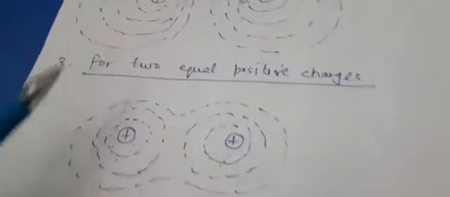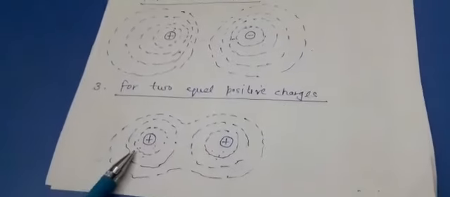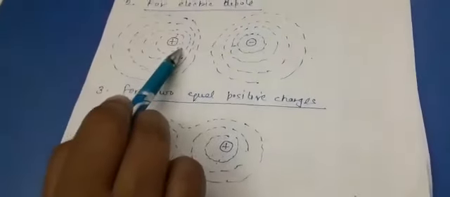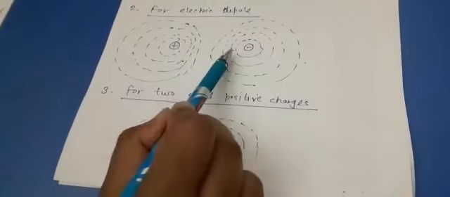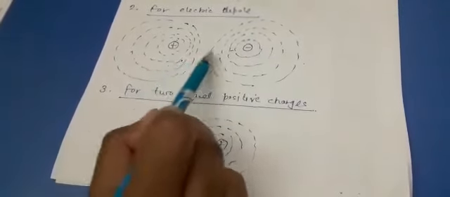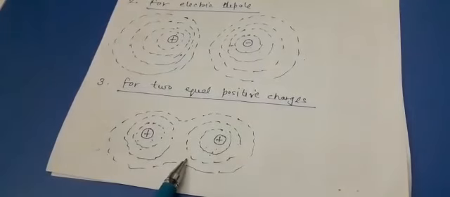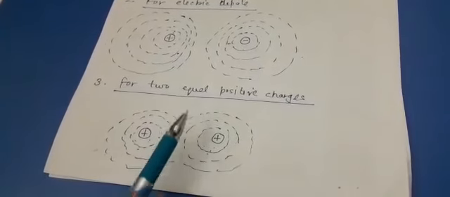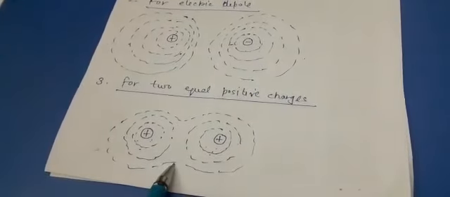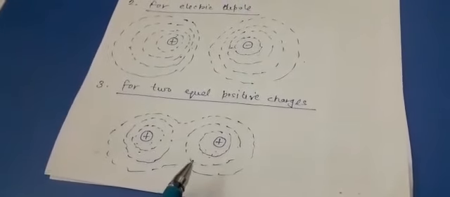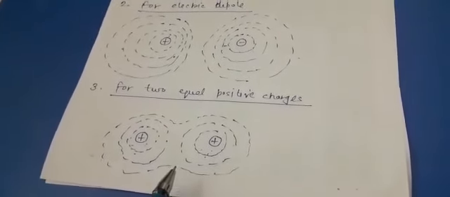So while drawing these two points, you have to draw very carefully, especially you have to focus on the points where the surfaces are lying closer and at which point the surfaces are lying far apart. Now similarly, you have to draw equipotential surfaces for the two equal negative charges.